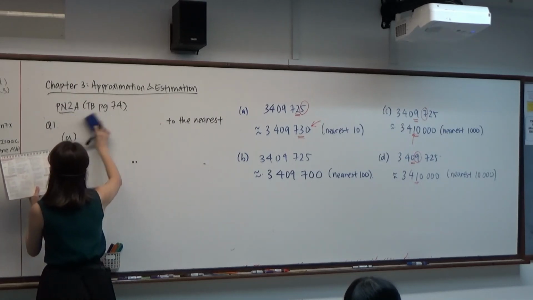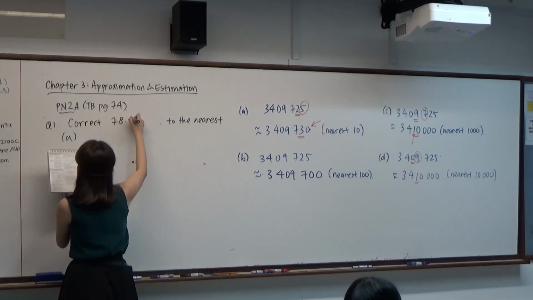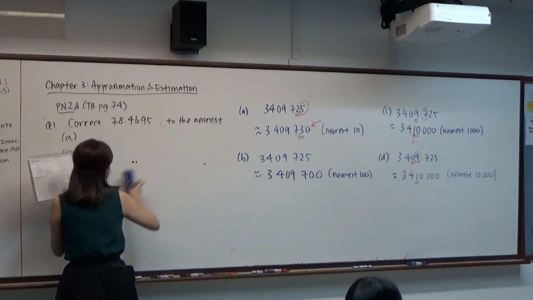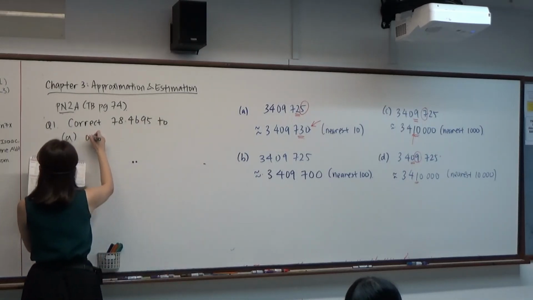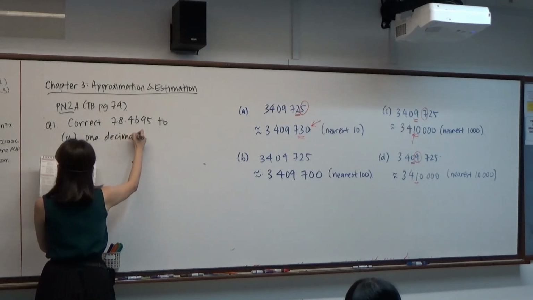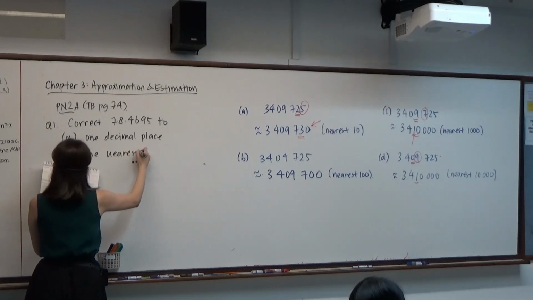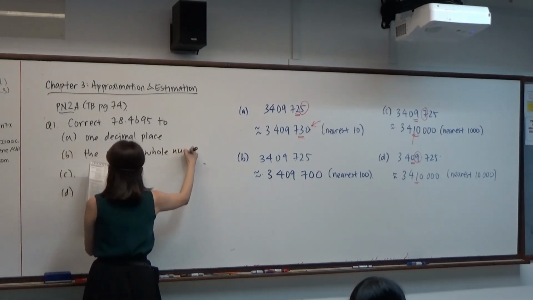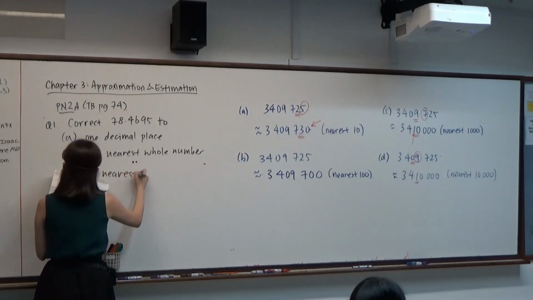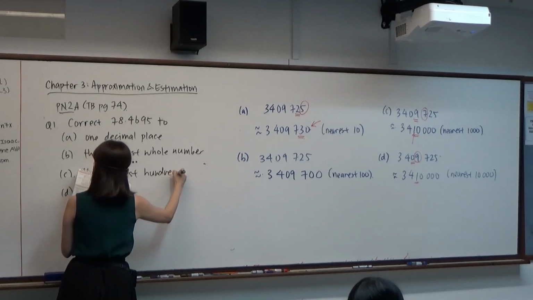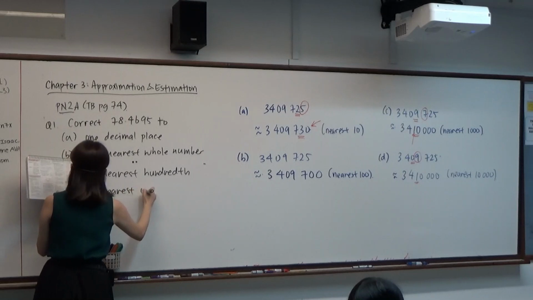We want to correct 78.4695 to one decimal place, the nearest whole number, the nearest 100, and the nearest 0.001.